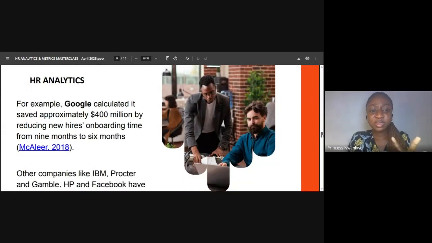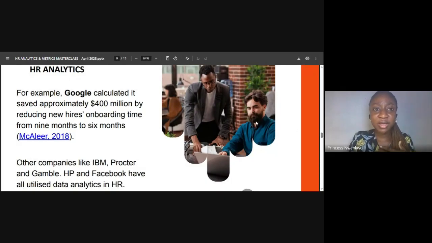And while I was doing my research for this masterclass, I came across this very important information, which I thought was outstanding. Google calculated that it saved approximately $400 million by reducing new hires' onboarding time from 9 months to 6 months. Now, the truth is, Google would never have known that there was a relationship between the onboarding time and talent retention if there was no data.